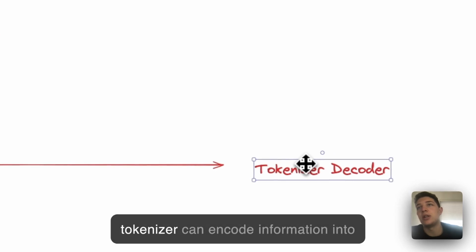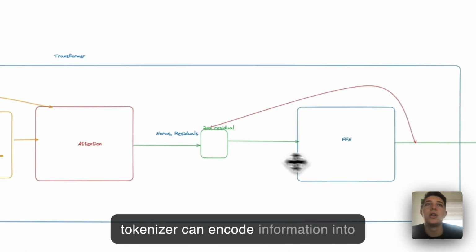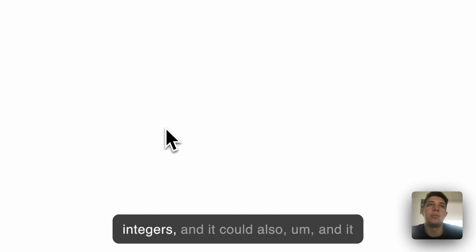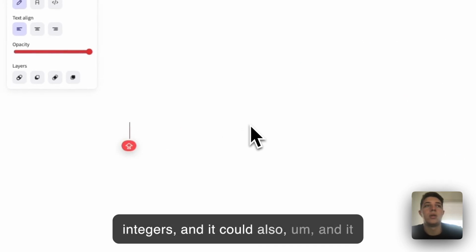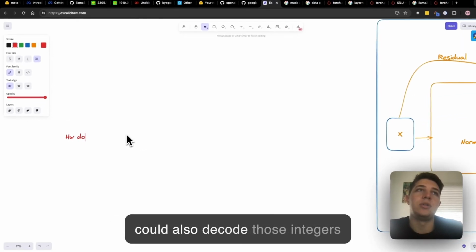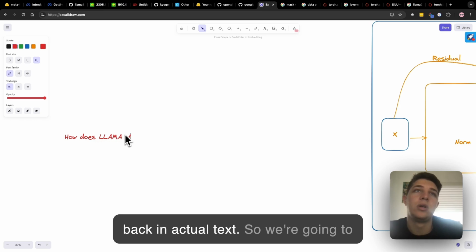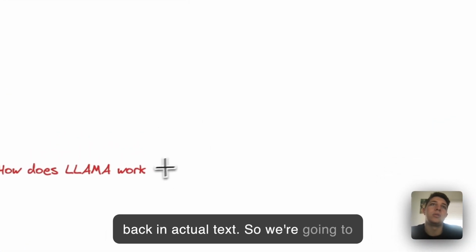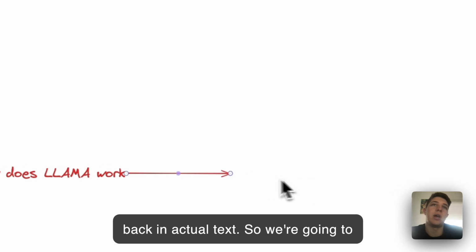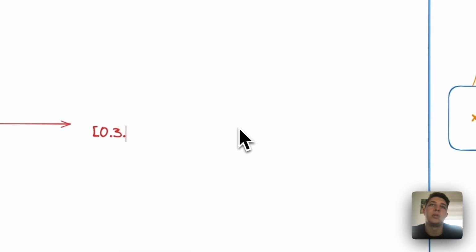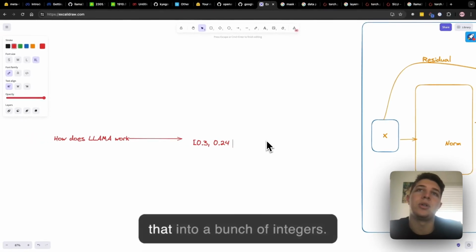The tokenizer can encode information into integers, and it can also decode those integers back into actual text. So we're going to essentially map that into a bunch of integers.